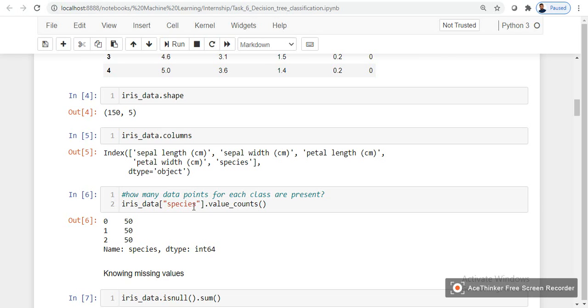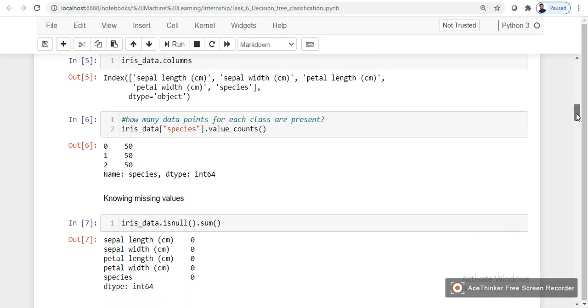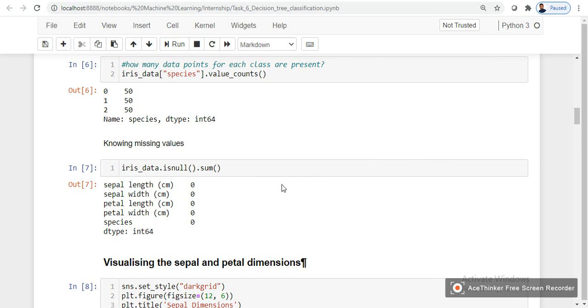If you look here, there are 3 types of flowers in total, which are classified equally, with 50 flowers for each type. Let us see what those types are. And in this dataset we have 0 null values.